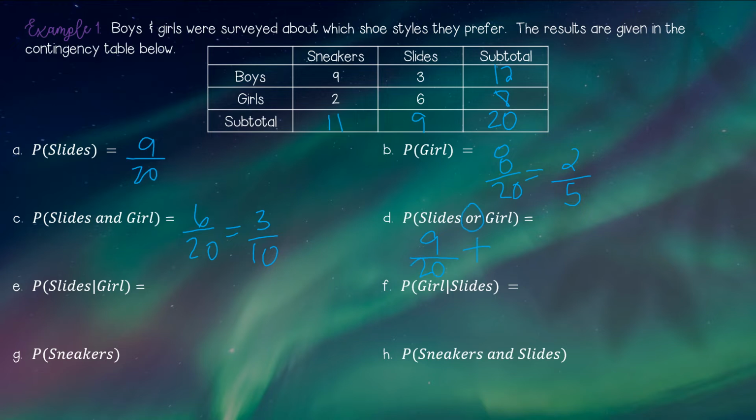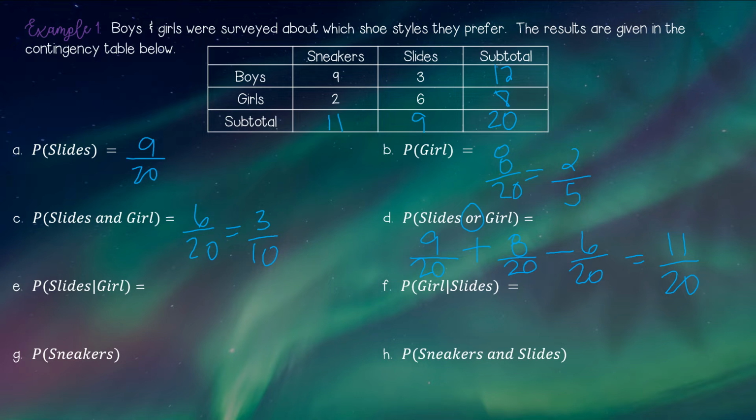Plus, "or" means plus, the probability of girls is 8 out of 20. But then we need to subtract out the girls who prefer slides, which is 6 out of 20. So 9 plus 8 is 17, and 17 minus 6 is 11. So 11 out of 20 would be our probability for someone who prefers slides or is a girl.